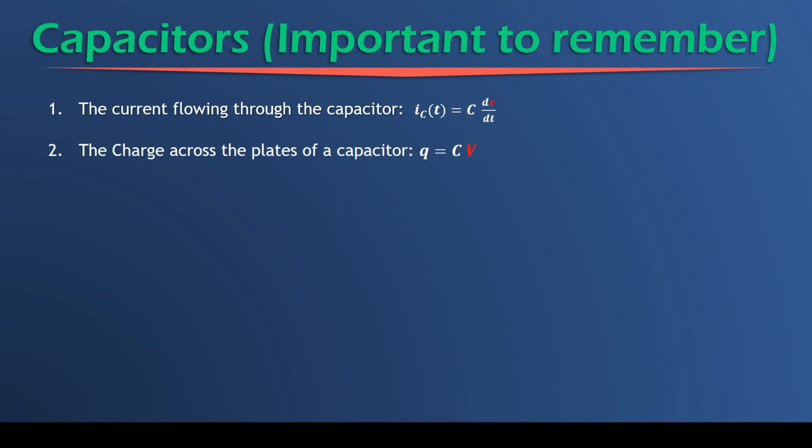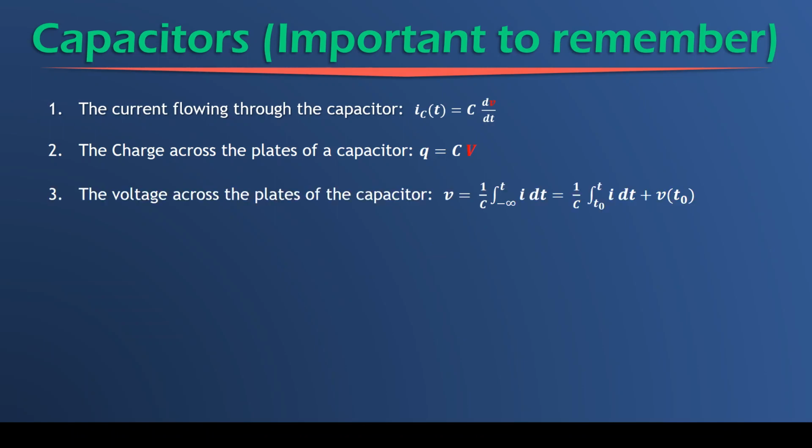Second, the charge across the plates of the capacitor, Q is equal to CV. Notice that the V's are highlighted in red just to show the dependence of capacitors on the voltage across the plates of the capacitor. Third, the voltage across the plates of the capacitor. So we would take equation 1 and make V the subject of the formula.